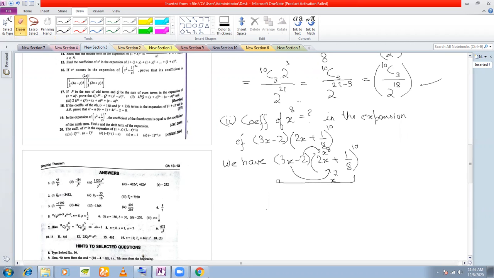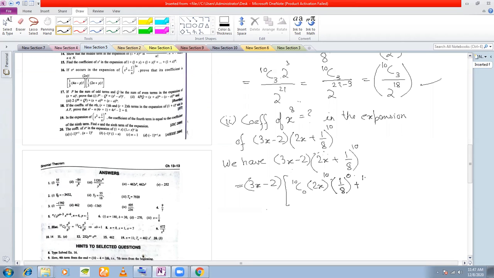If you haven't understood, then let me put it in another way. When you are expanding binomially, what do you get here? You get 10C0 (2x)^10 (1/8)^0.